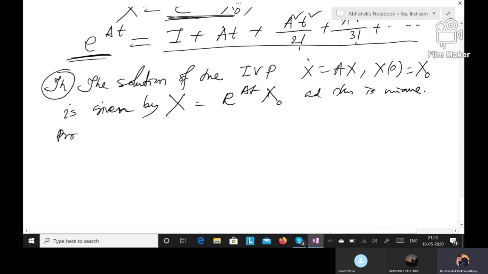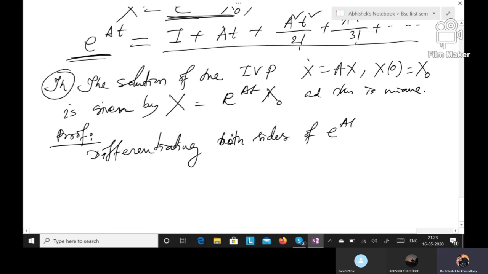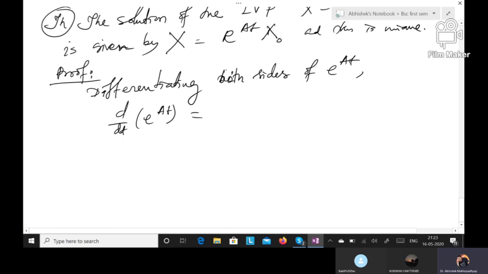Okay, so let us have a look at this proof. Now differentiating both sides of the expression e to the power AT, we get d dt of e to the power AT, so it will be d dt of the expression I plus AT plus A square T square by 2 factorial and so on.